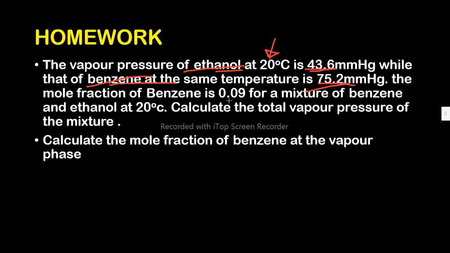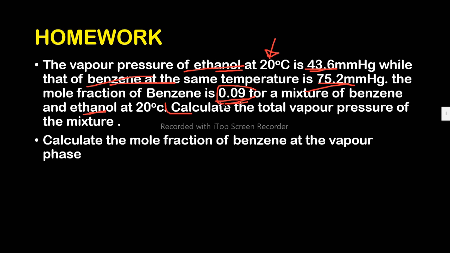And I have given you the mole fraction of benzene in the mixture of benzene and ethanol. Such a simple question. And I want you to calculate the total vapor pressure of this mixture, which contains 0.09 benzene.